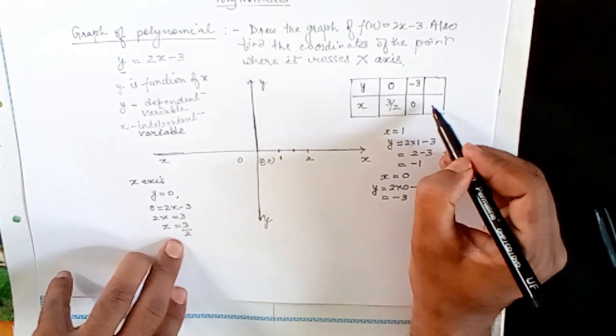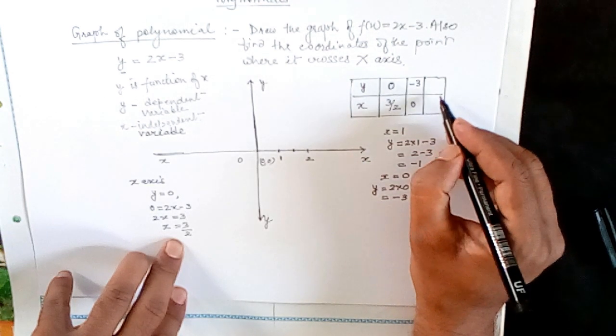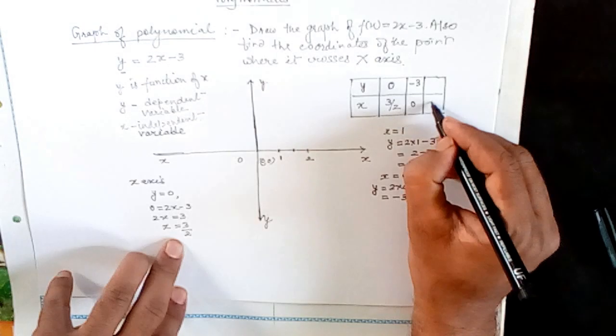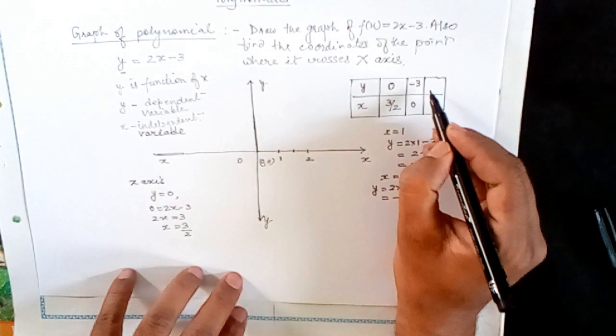Similarly, if we substitute the value 1, x = 1, we are getting −1.